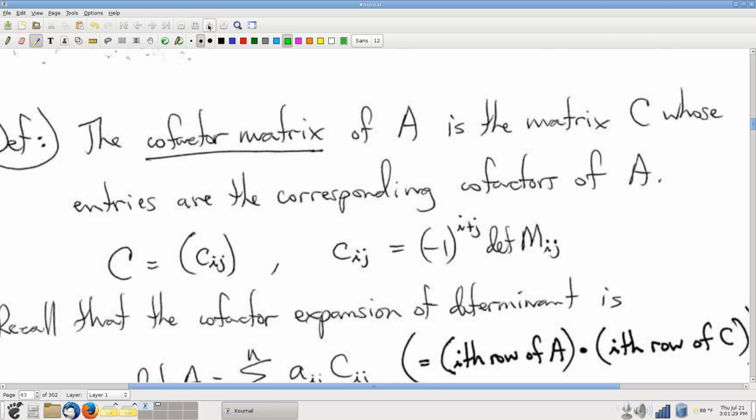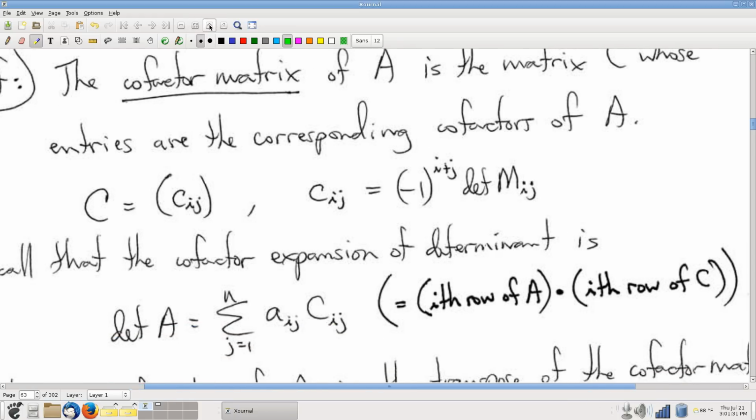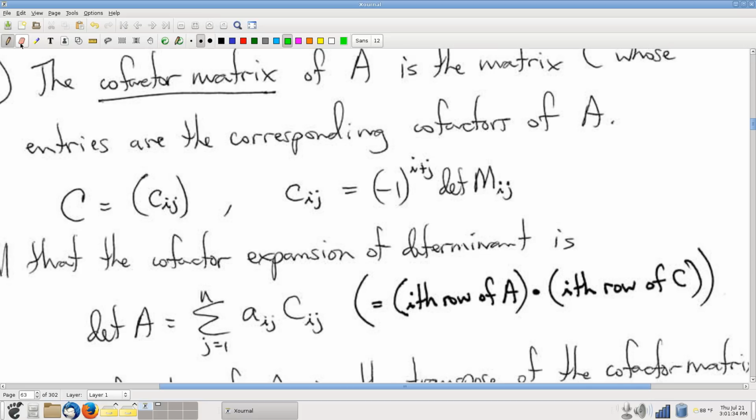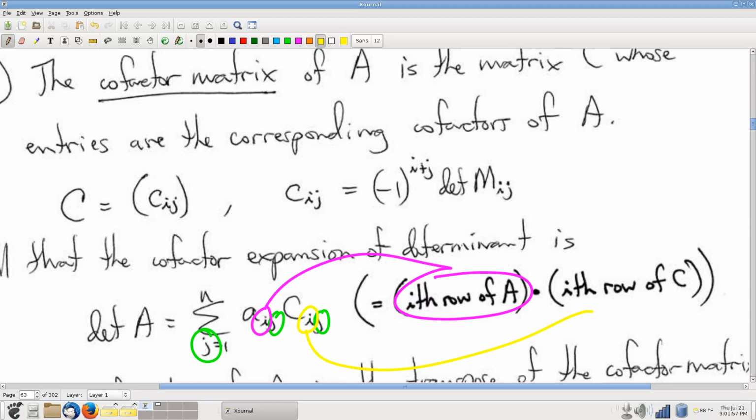Notice that in this summation, J is what's ranging through these values from 1 to n. So these values here are changing, which means I am in fact moving across the ith row of the A matrix, and I am also moving across the ith row of this C matrix and multiplying corresponding numbers and adding.